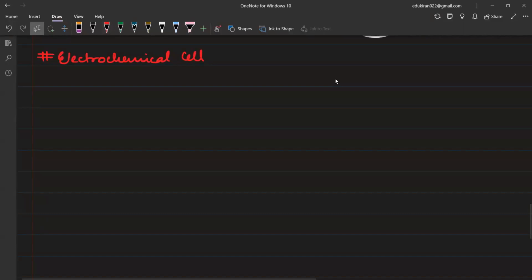Electrochemical cell is the cell in which we transfer chemical energy to electrical energy.